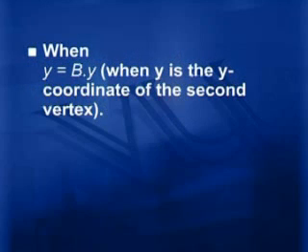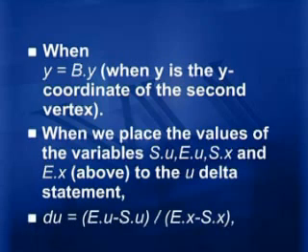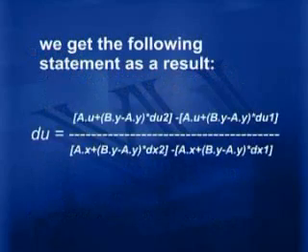Now when y is equal to b.y, when y is the y coordinate of the second vertex b, when we place the values of the variables s.u, e.u, s.x and e.x, which are given above, into the delta u statement, which is du is equal to (e.u minus s.u) over (e.x minus s.x), what do we get?